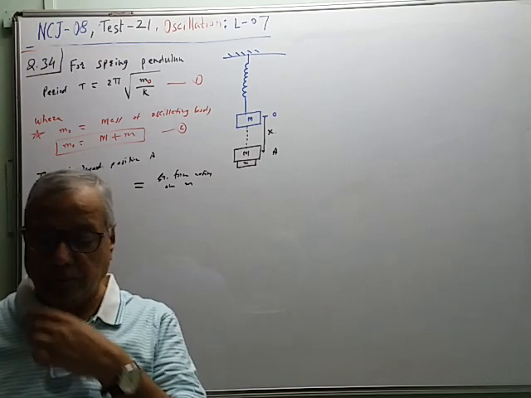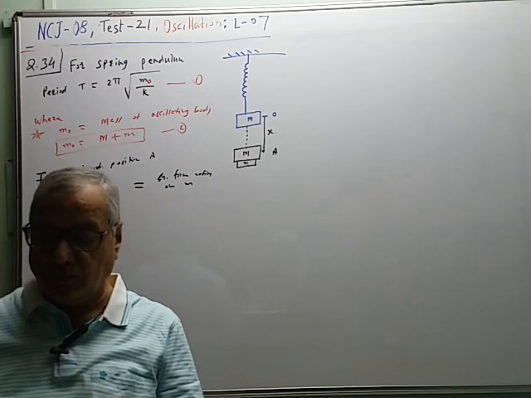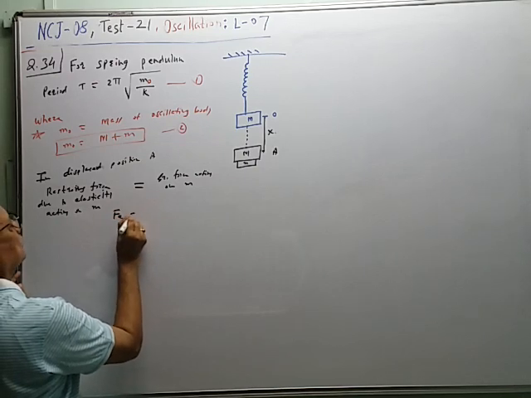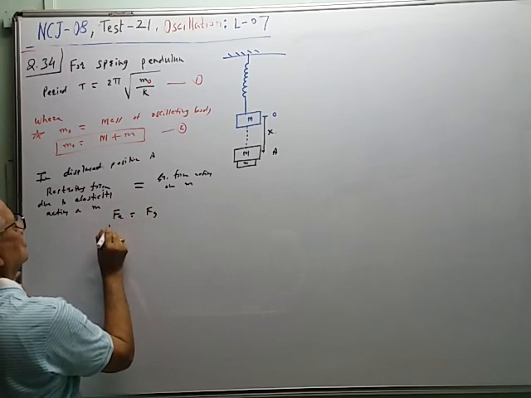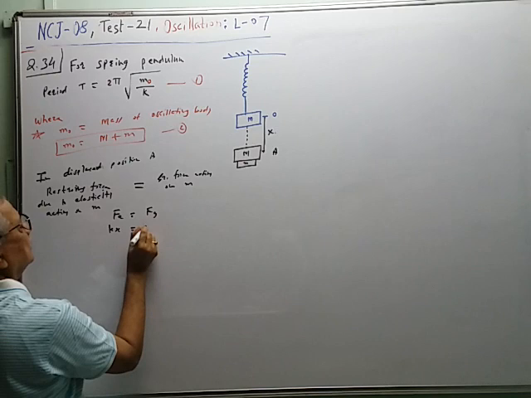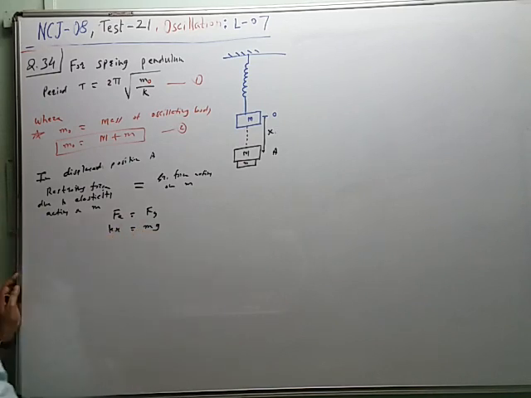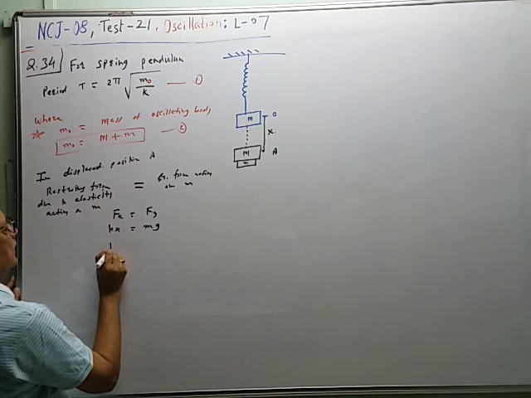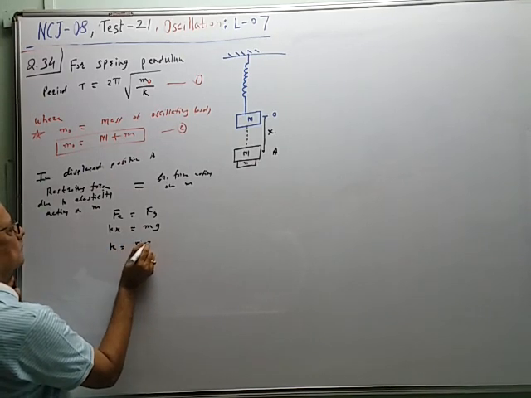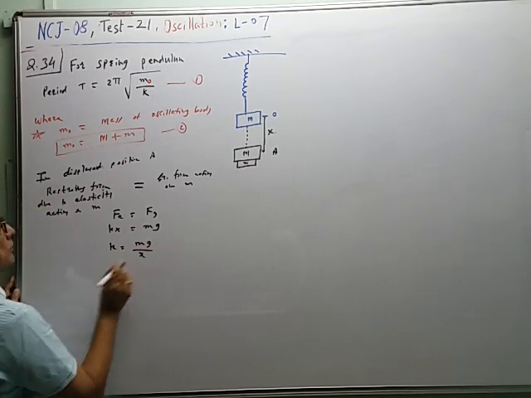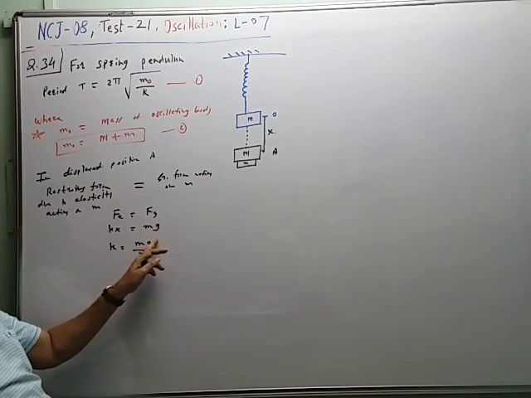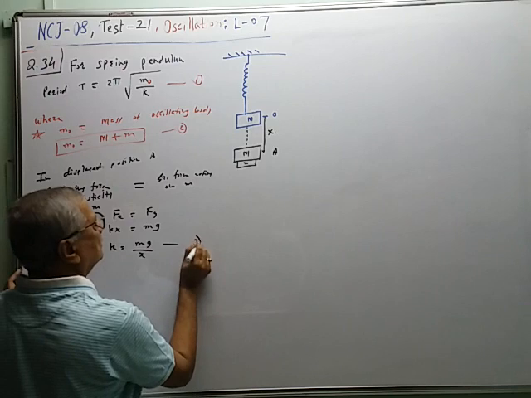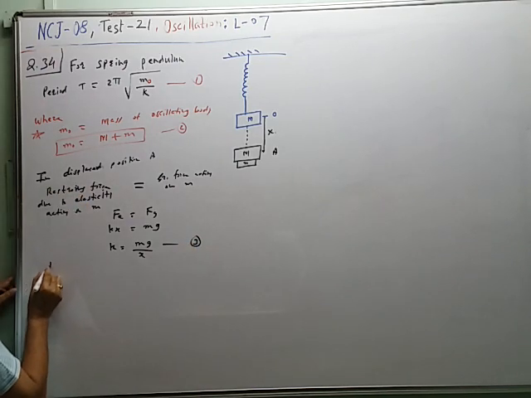So Fe is equal to Fg. So this is equal to Kx is equal to m into g. And therefore K is equal to mg upon x. Here where will capital M go? This is equation 3.